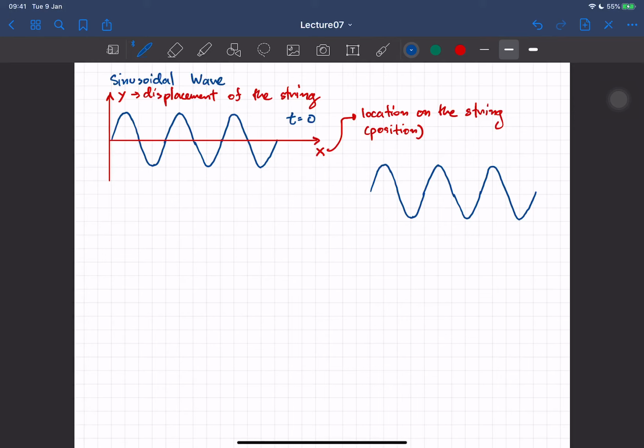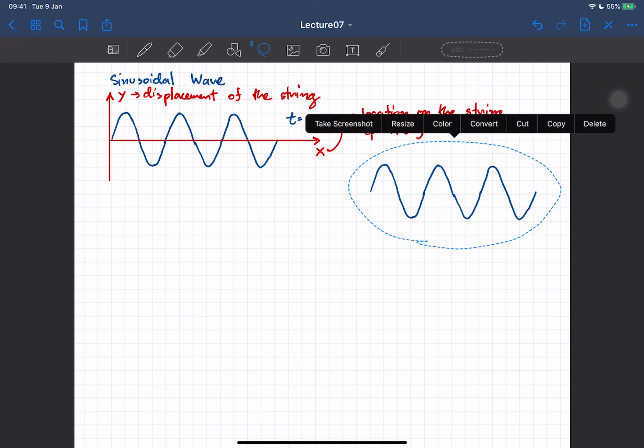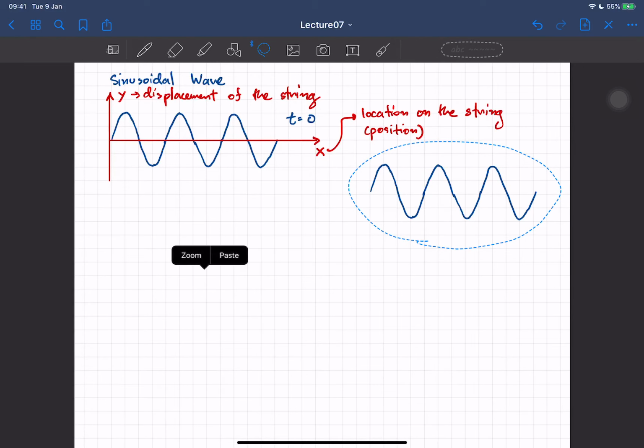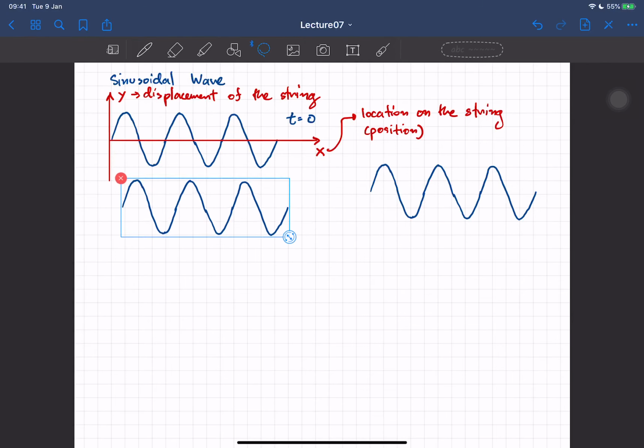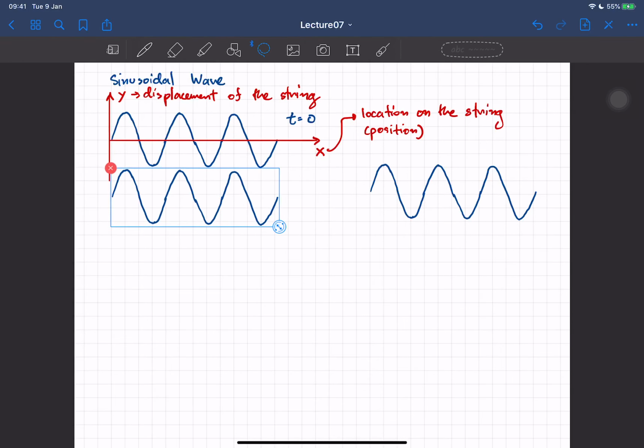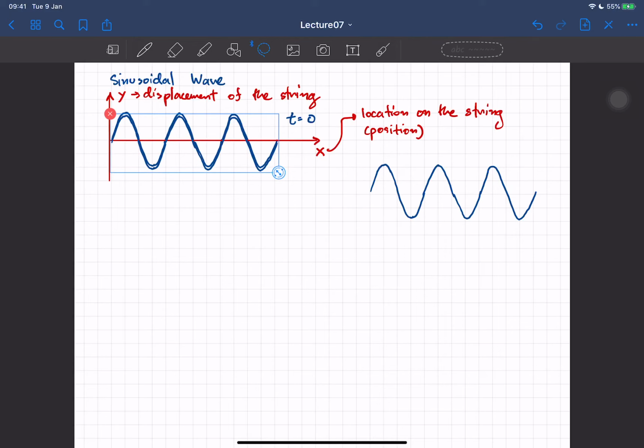And then after 1 second passes, you take another picture and then you put it here, right? So let's assume that after 1 second, the wave moves to the right a little bit. So it used to be here. So after 1 second, it's going to move a little bit to the right like this.